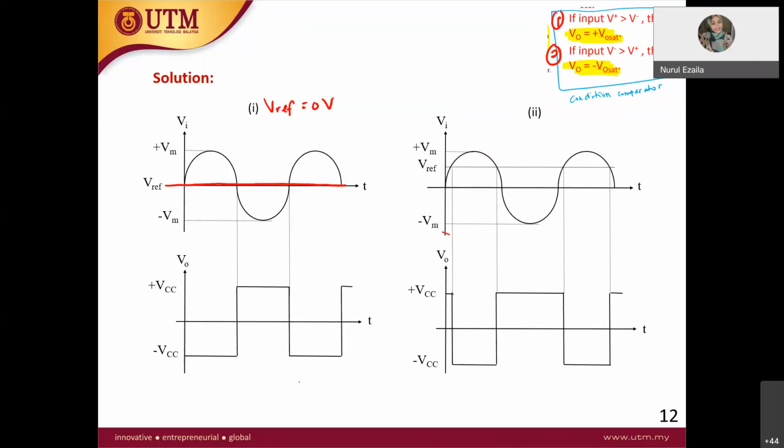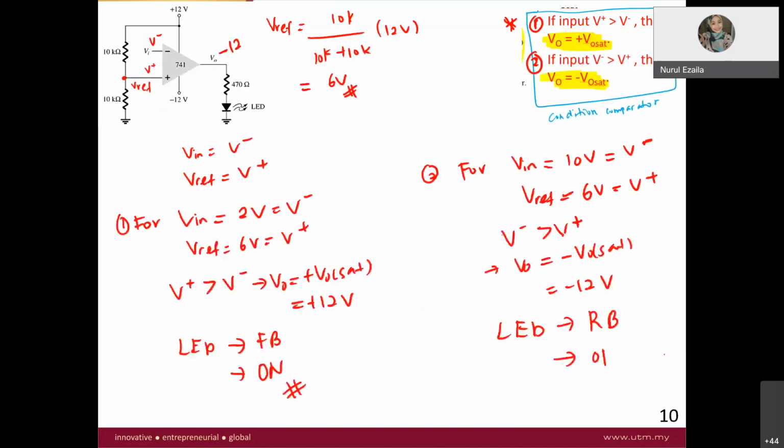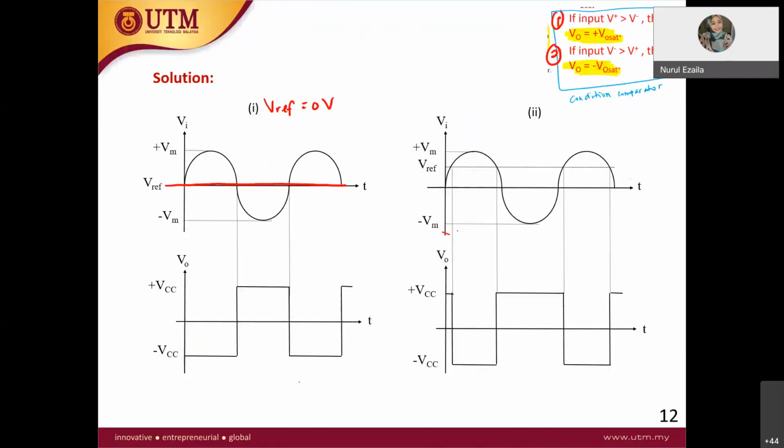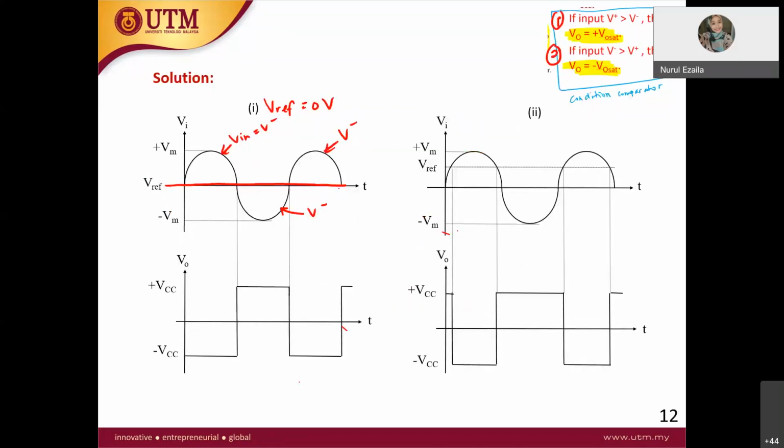In this case, your V in is equal to V minus, so this is also V minus. Where is your V plus? V plus is at V reference, so the whole line here is your V plus.